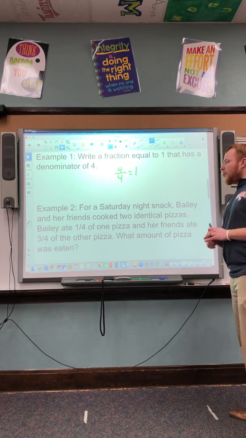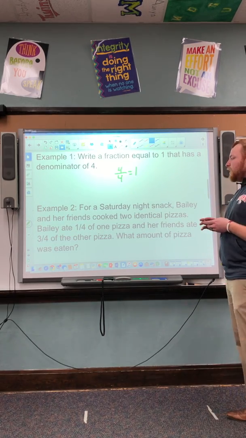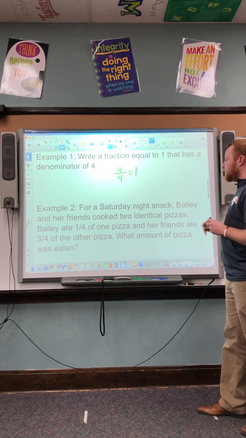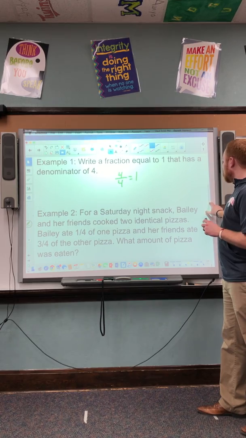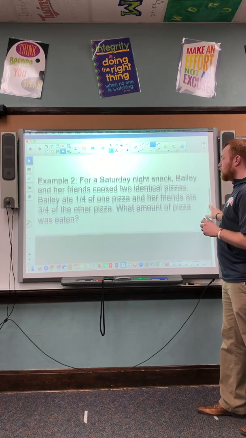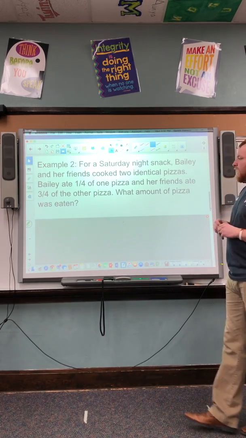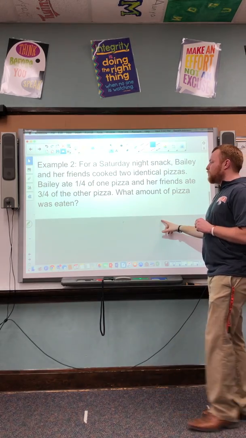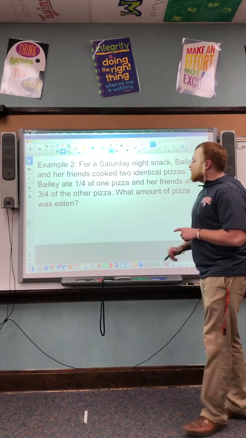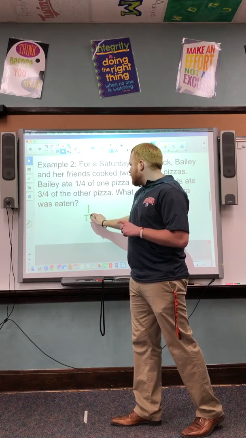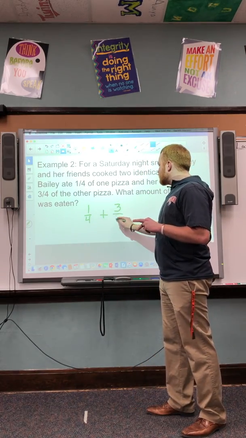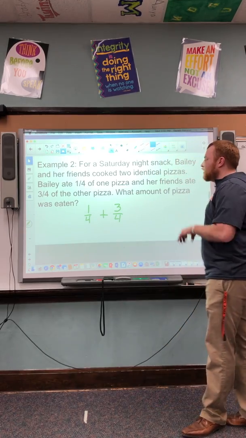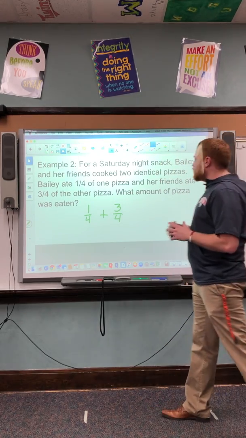Example 2. For Saturday night snack, Bailey and her friends cooked 2 identical pizzas. Bailey ate 1/4 of one pizza, and her friends ate 3/4 of the other pizza. What amount of pizza was eaten? So Bailey ate 1/4, and her friends ate 3/4. I don't know how many friends she had, but hopefully she had 3 friends with her.